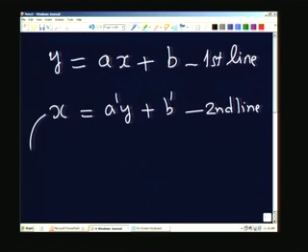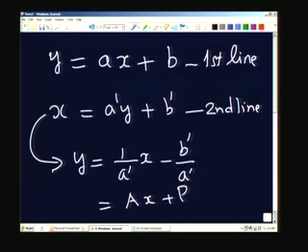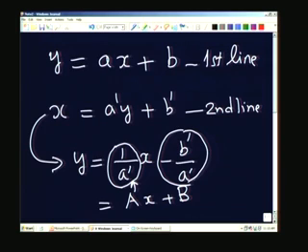Of course, I can represent this slightly differently by solving for y. Sending this b prime to the other side, y equal to 1 over a prime times x minus b prime divided by a prime. So, I can say this is something like ax plus b, where a is 1 over a prime, and this minus b prime by a prime is your b.